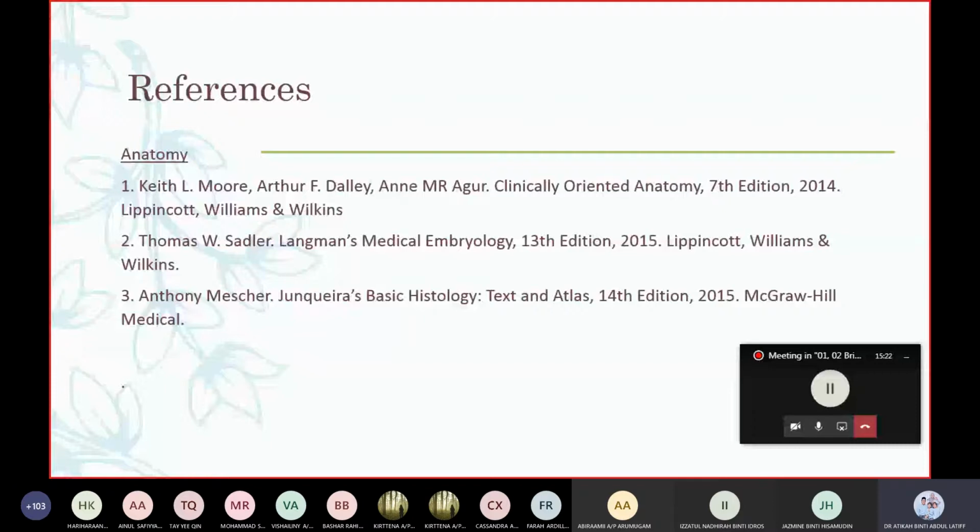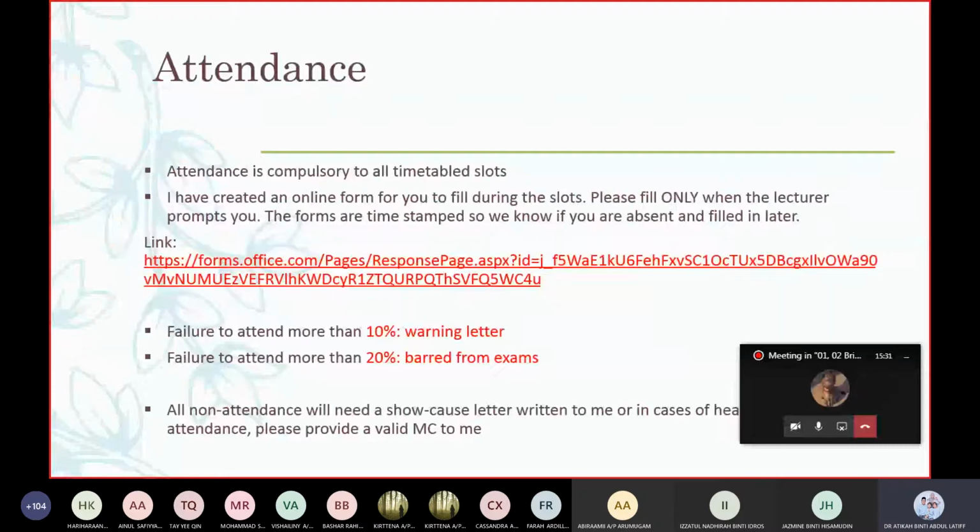Attendance wise, it's compulsory to attend all timetable slots. And I've created an online form to fill during the slots. Please fill only when the lecturer prompts you, because the forms are time stamped.